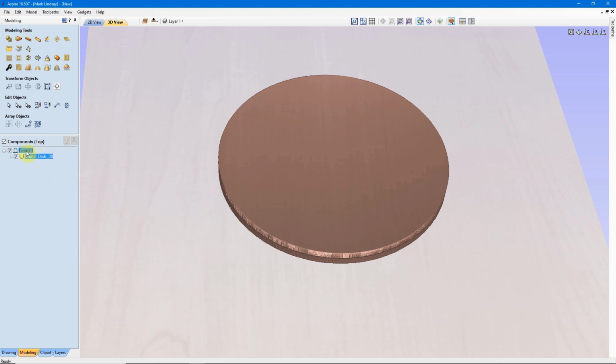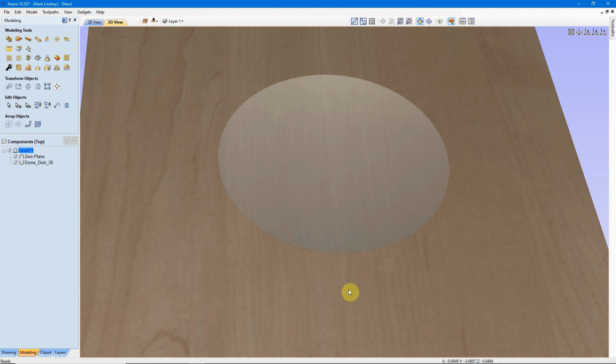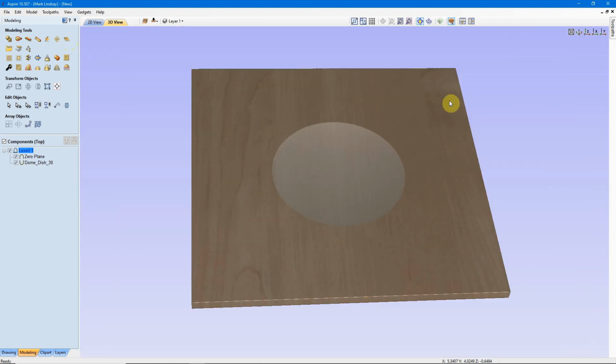Now we can put it on this level or we can put it on another level. It doesn't really matter which. When we come up here to add a plane component with zero height covering the model, we click that, and when it updates, we now see a visual representation of the surface of our material.